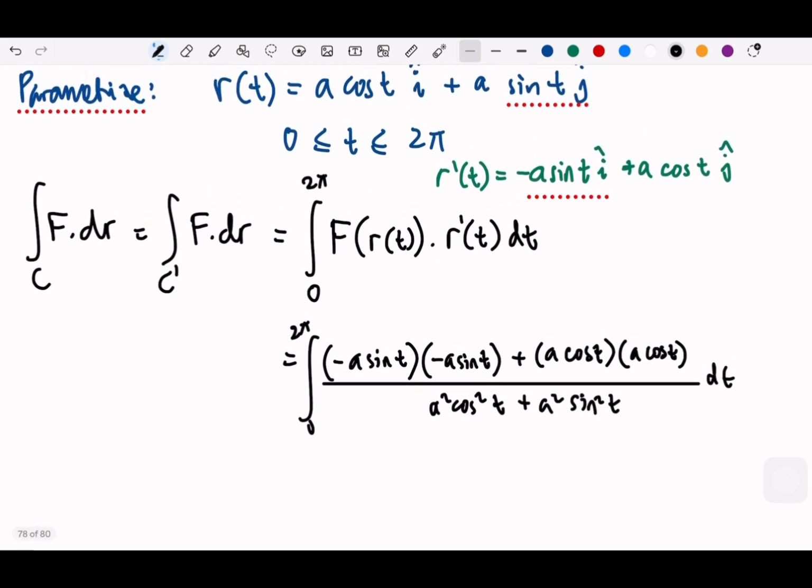So sine squared plus cosine squared will be 1, so this will cancel each other, so a squared and a squared also will cancel. So this will be equal to 1. So this will be the integral of dt, and this will be 2 pi.